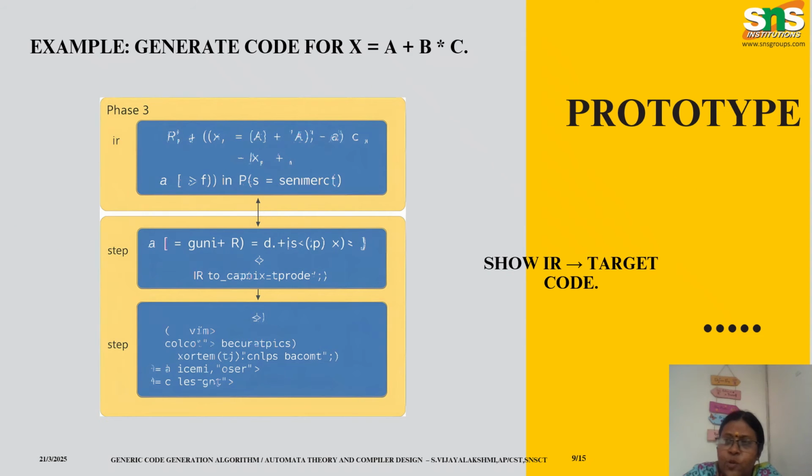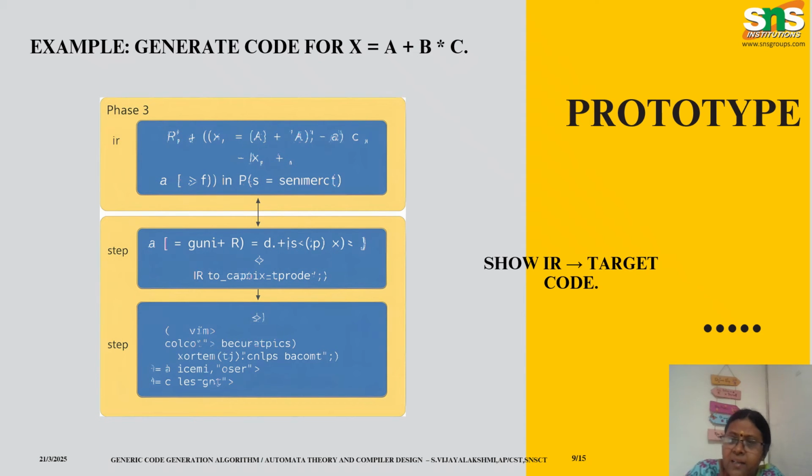And prototype. Let us take an example as a prototype: x equals a plus b star c. Intermediate representation: T1 equals B star C, then X equals A plus T1.